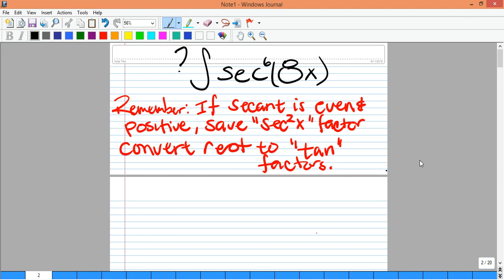The rules involving secant simply state that if secant happens to be even and positive, what you do is save a secant squared x factor and then convert the rest of the problem to tangent factors.